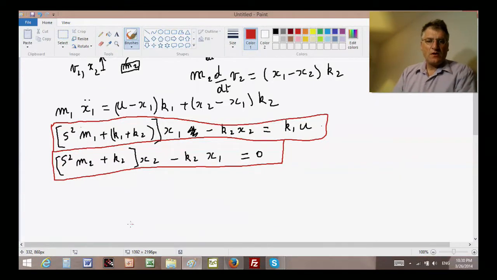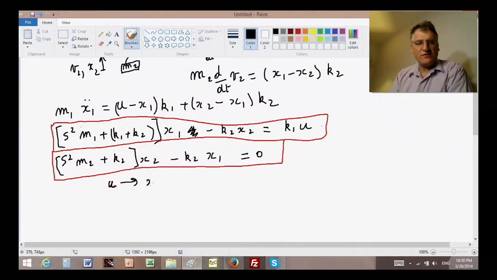Now, let's first get the transfer function from u to x1.